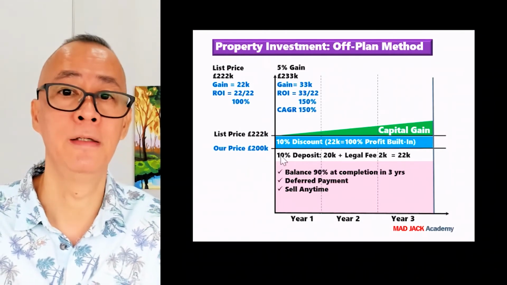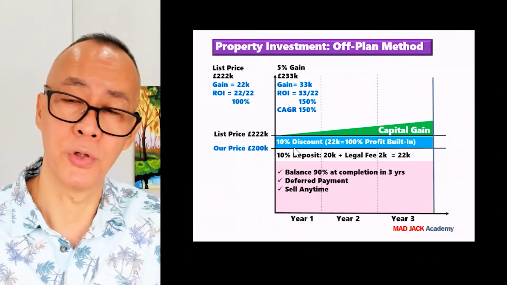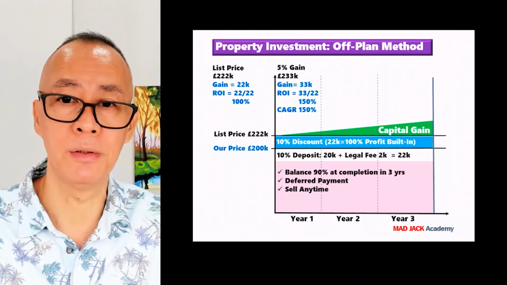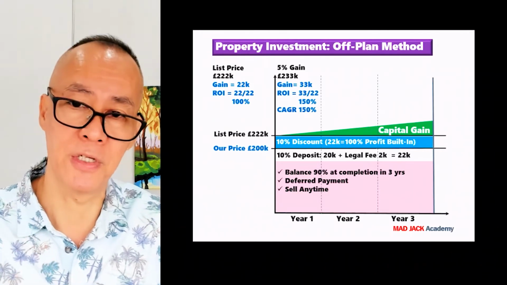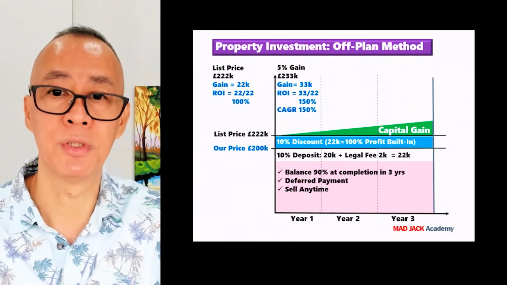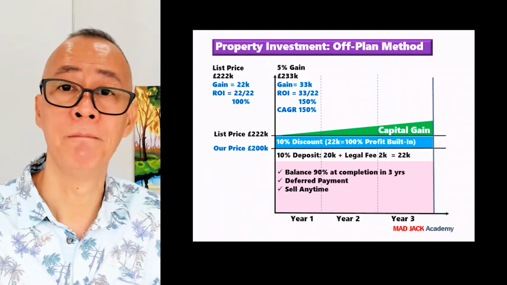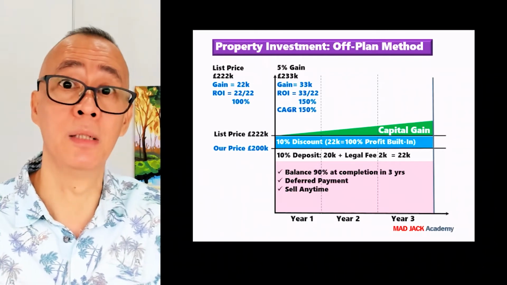Before we take key. Now, the other thing also, when a developer launches a project, they will sell by phases. If phase 1 sells well, if the location and market reception are good, they typically will increase the price. Why? Simple. Developers also want to make a bit more profit.